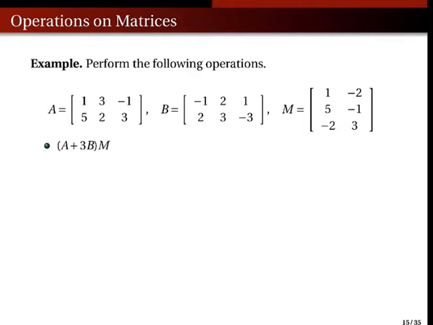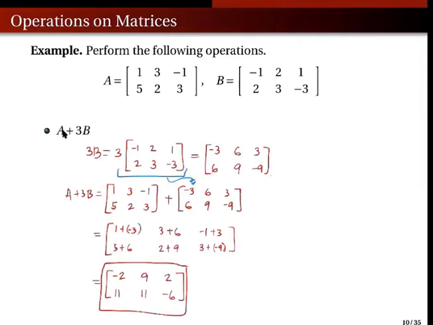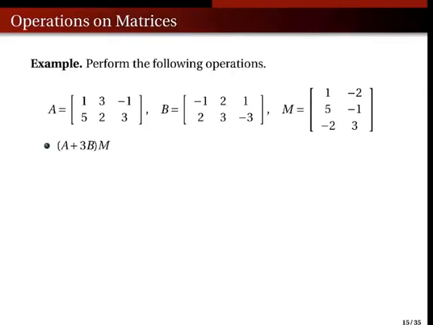to M. So let me go back to A plus 3B first. So this was your A plus 3B. Okay, so look at this, get this matrix, and then proceed with the multiplication for this part here.